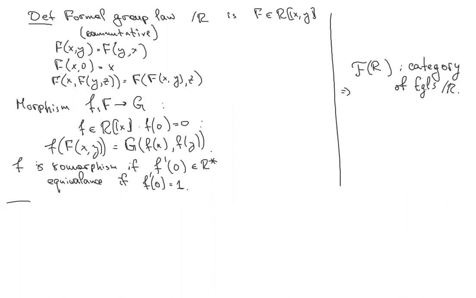Of course, for any map from R to S it induces a map from the category of formal group laws over R to that over S.